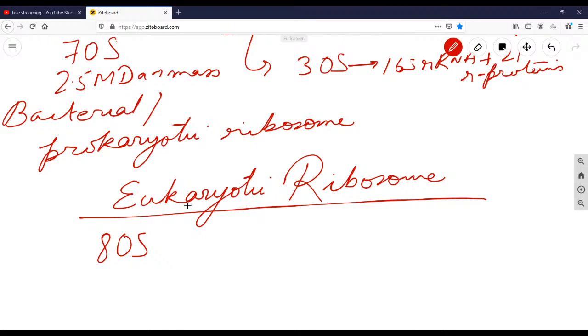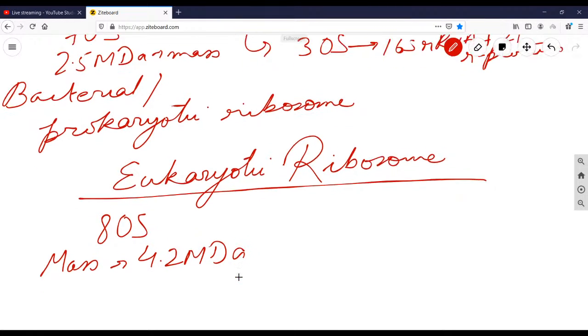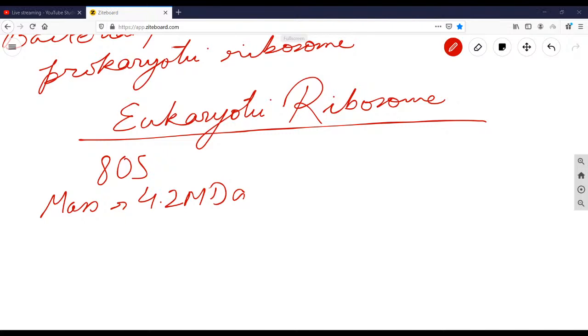You might know via the laws of physics that centrifugal force is mv squared upon r, more mass, quicker time for settling down. So the 80S mass is more. How much more? The mass of bacterial was 2.5. This one is 4.2 million Dalton. And 80S is subdivided into 60S plus 40S.